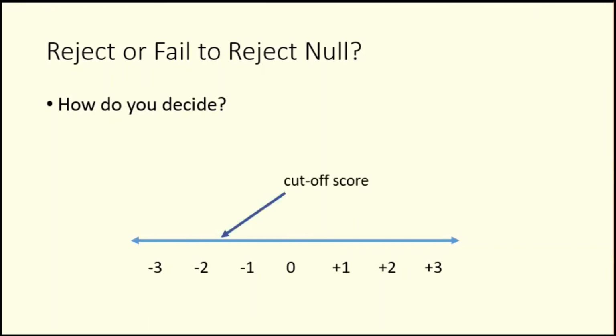Our cutoff score we said was negative 1.83. My sample t-score here was negative 2.87. I can graph these both, and I can say that my sample t-score is more extreme. It's further out into the tail than the cutoff score, and so I can reject my null hypothesis.